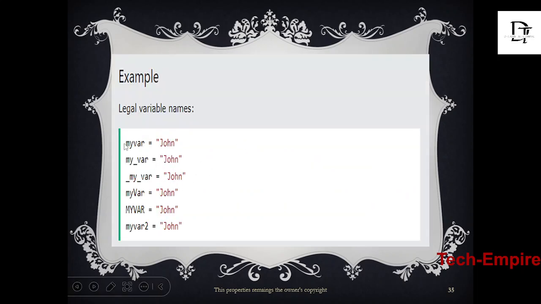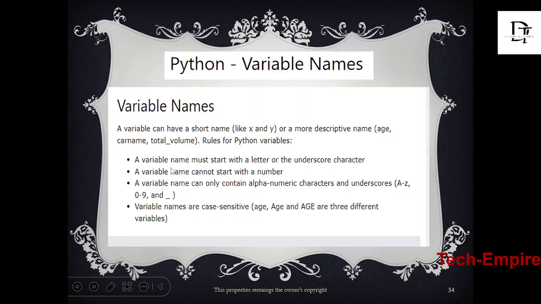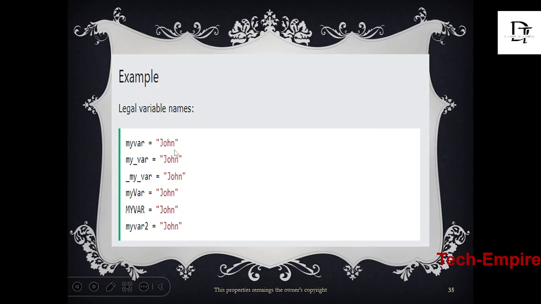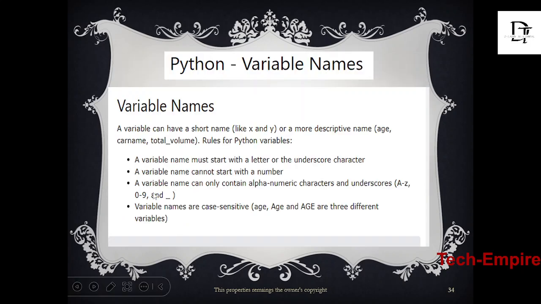If we try to follow these rules, this particular slide abides by all the rules. None of them start with numbers, all of them start with an alphabet, and even this one that starts with an underscore is still correct because of what was stated there.